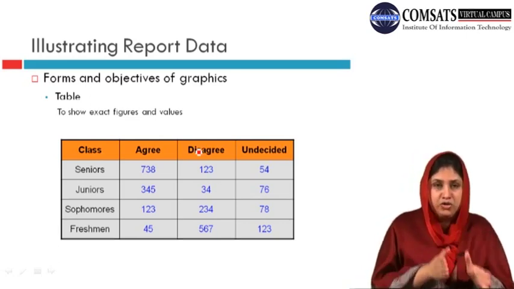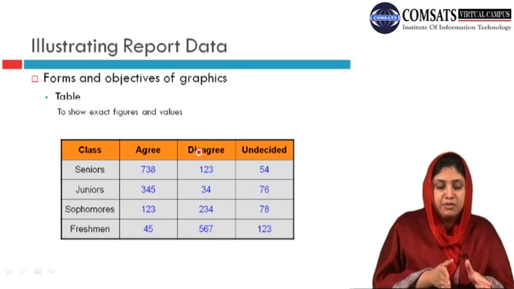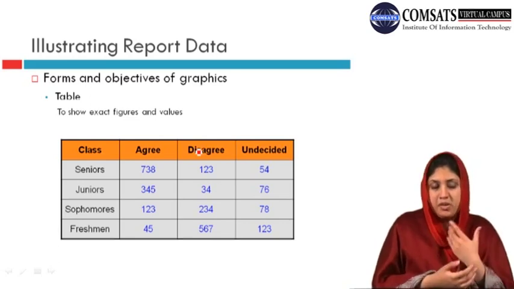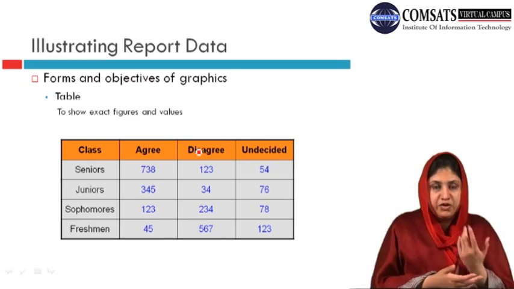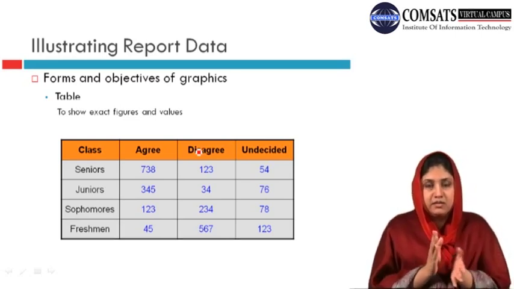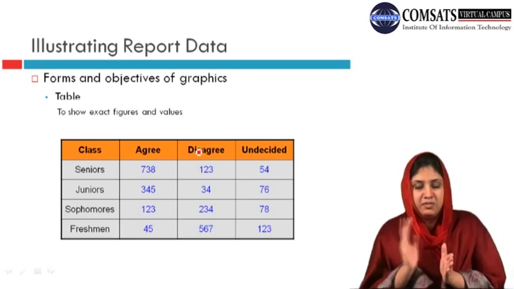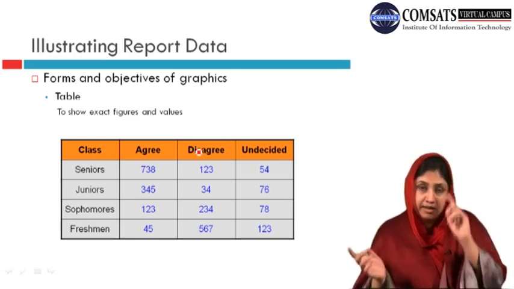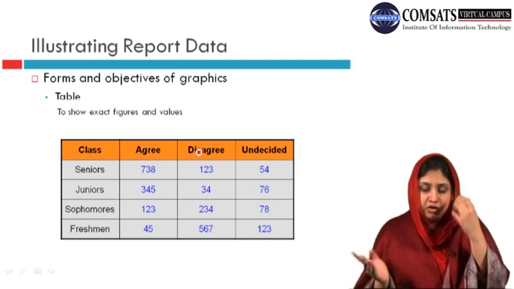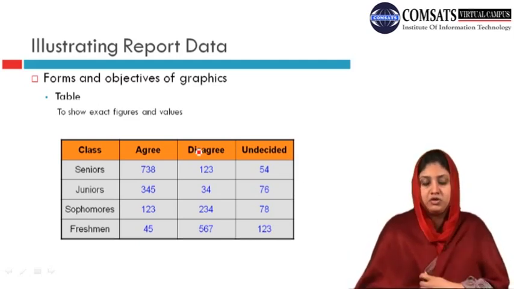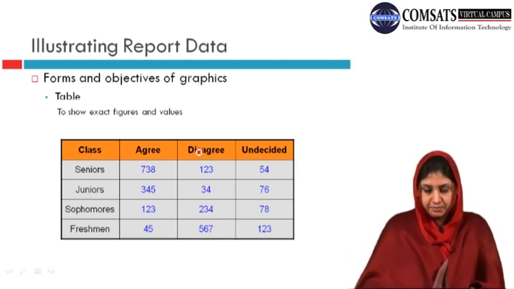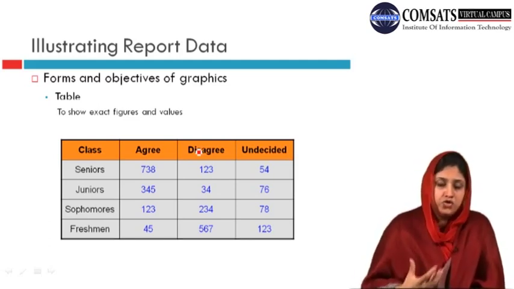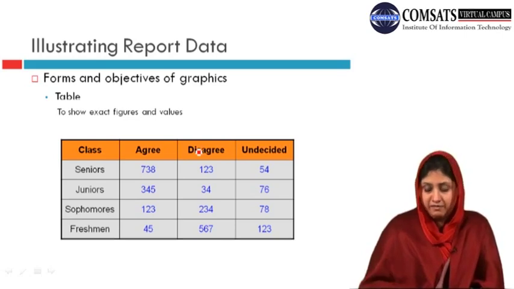You can show the categories of people you are taking your opinion from, whether they are seniors, juniors, freshmen, or sophomores. And this percentage has agreed, this percentage disagreed, and they remained impartial or undecided. So tables are always good to show figures and values.